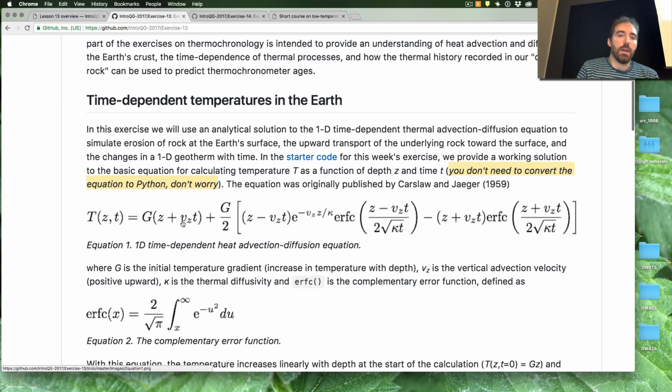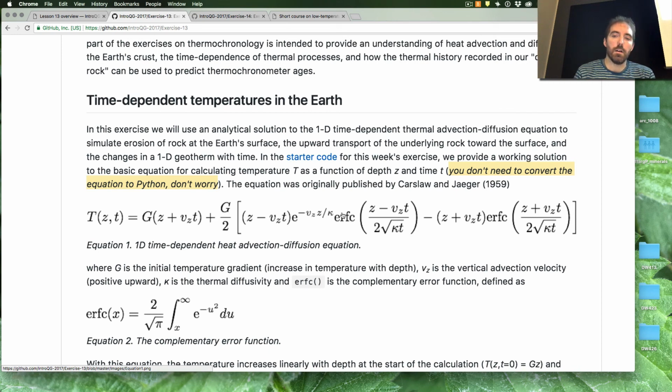But anyway, things that are in here, obviously there's time. Vz is the advection velocity, so that's essentially how quickly the material is moving vertically up. Kappa is a diffusivity for temperature, and otherwise there's depth, and G is the initial temperature gradient.